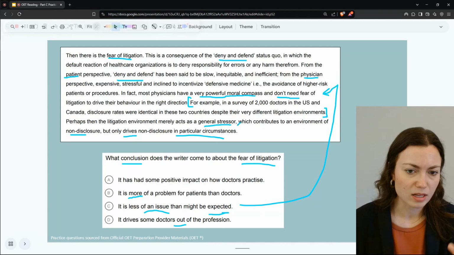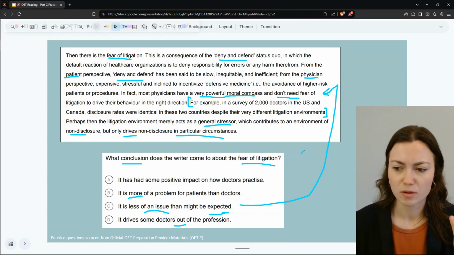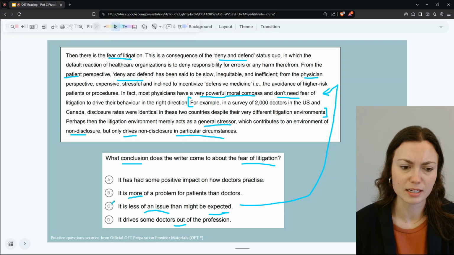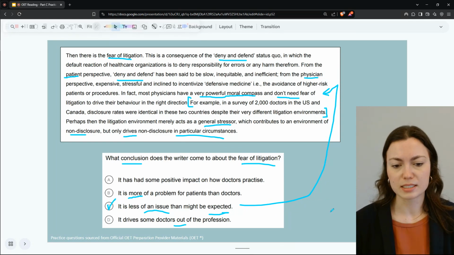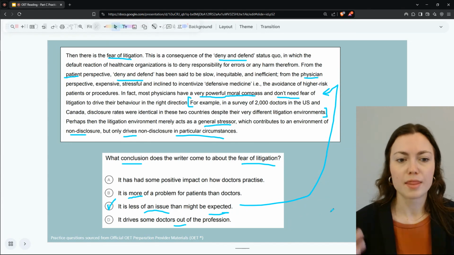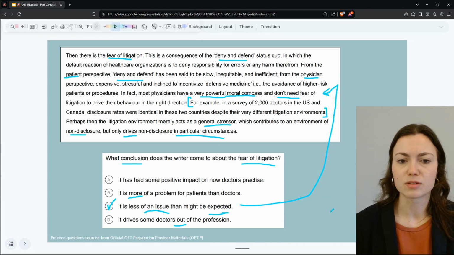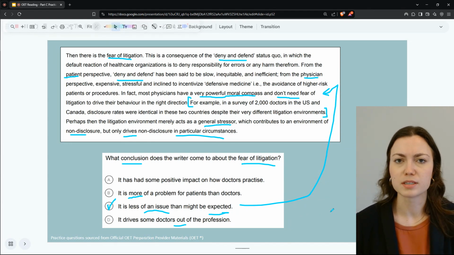I mean, if there's enough stress, maybe, but again, we're looking at the details. Specifically, is the fear of litigation causing that? And there's not strong evidence there from what is written. So we see from that process, it is less of an issue than might be expected. That's where we're getting at with our examples and our specific details there.